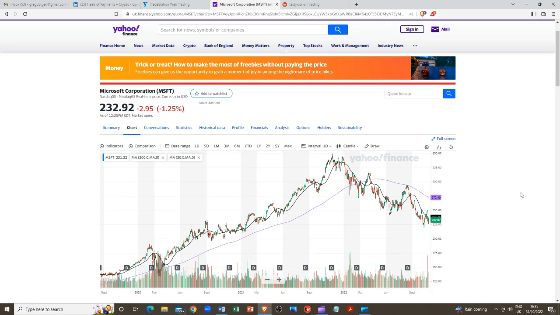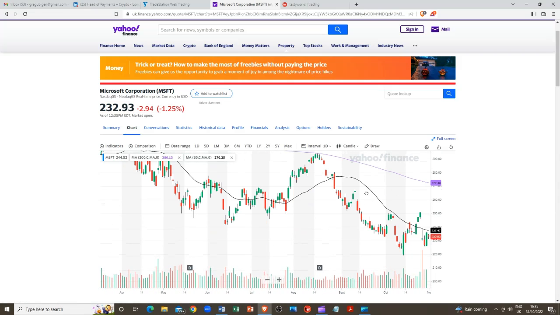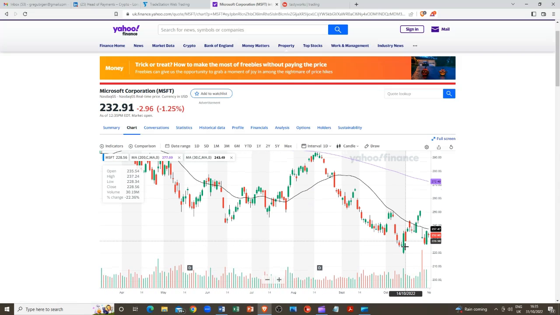All right, let's look at an example of a put credit spread. Let's take a look at Microsoft Corporation. If you look at the trend, Microsoft hit a high and has dropped down over the last couple of months. But when you zoom in, you will realize that Microsoft seems to be bouncing off the 220 mark and hopefully is going to go up again.